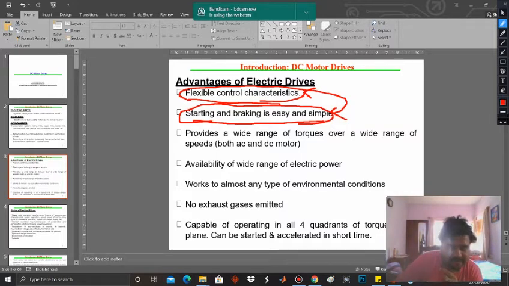So I will rather cite this with the help of a real life example. Suppose in an industry a DC motor drive is there, and let us draw the torque requirement.